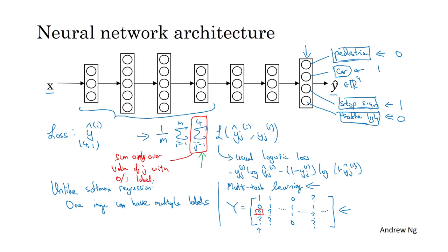So whenever there's a question mark, you just omit that term from the summation, and sum over only the values where there is a label. And so that allows you to use data sets like this as well.